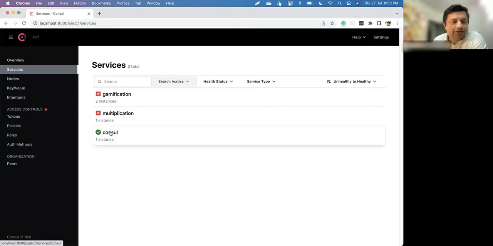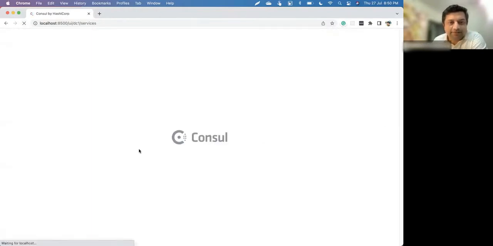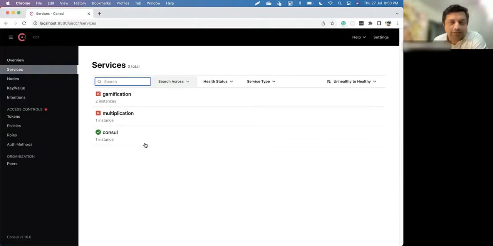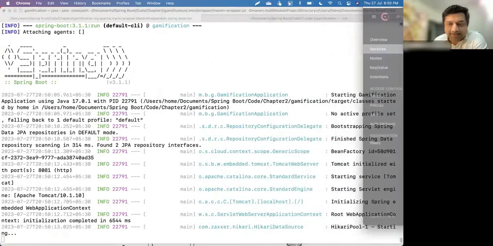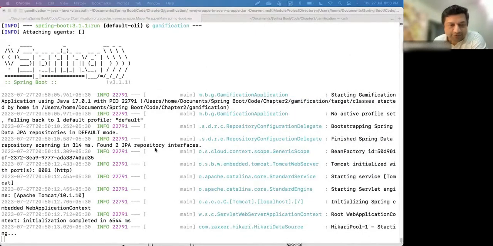This is console. Console is the tool which is running. This is the service registry. And after some time it will do the check, and automatically once the service is up and running, it will register itself to the service registry, right?